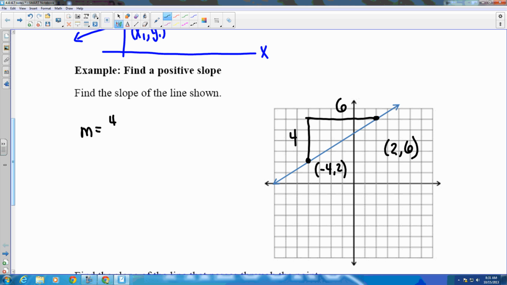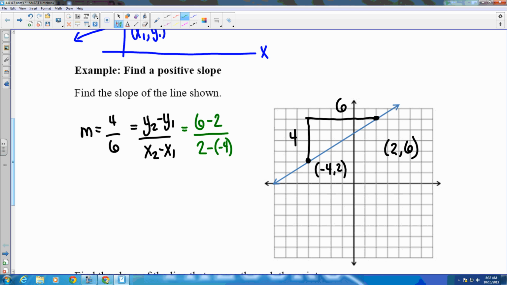It's rise over run. And we can show that using our formula. Y2 minus y1 over x2 minus x1, which is 6 minus 2 over 2 minus -4, which is 4 over 6, and we need to simplify when we have slope. This is 2/3.